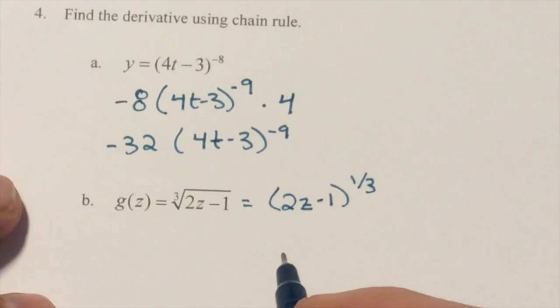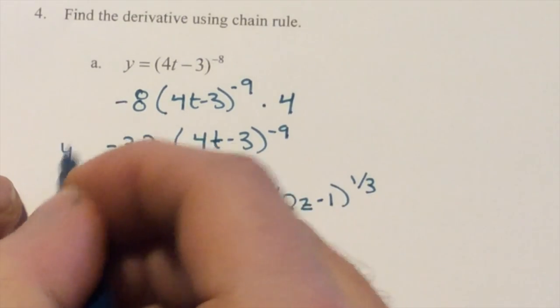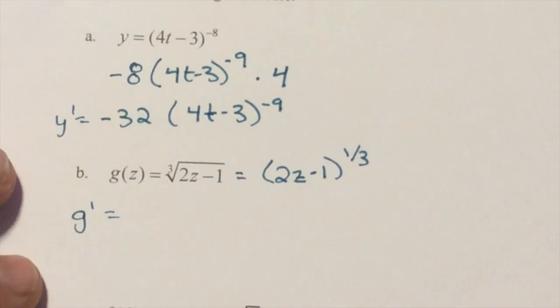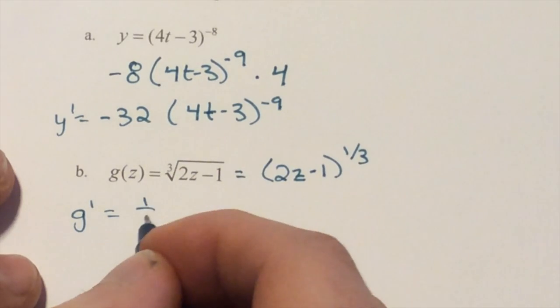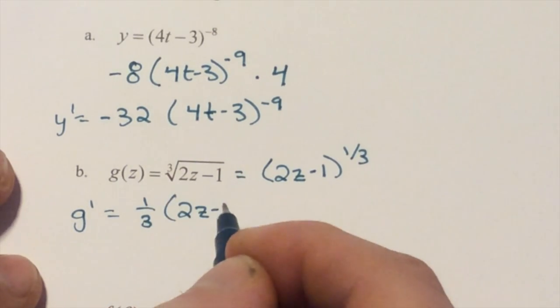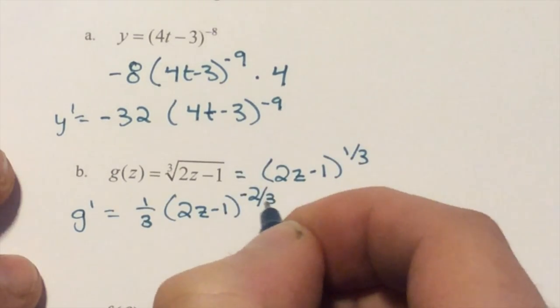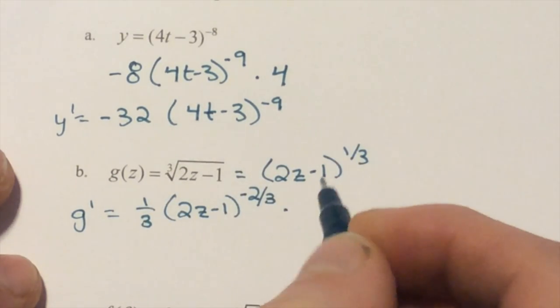So take the derivative. G prime is going to be 1/3 times whatever's on the inside, 2z minus 1 to the 1/3 minus 1, so that's negative 2/3, times the derivative of the inside.